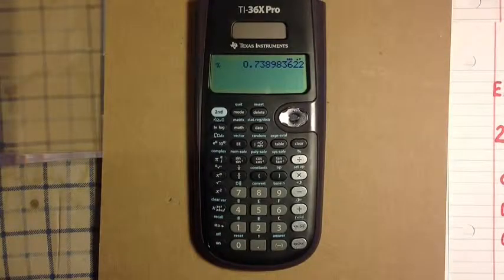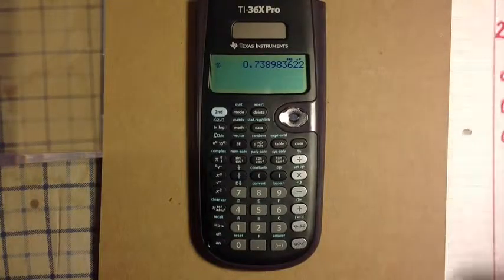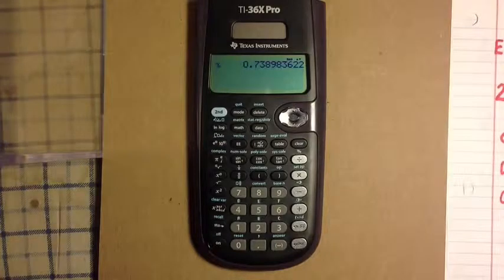That is how to use the TI-36X Pro to solve a quartic equation. One word of caution. The quartic equation has to have at least one real root for this process to work.